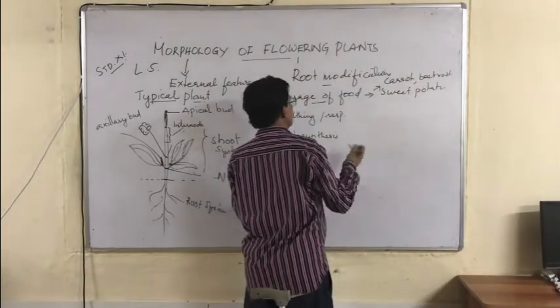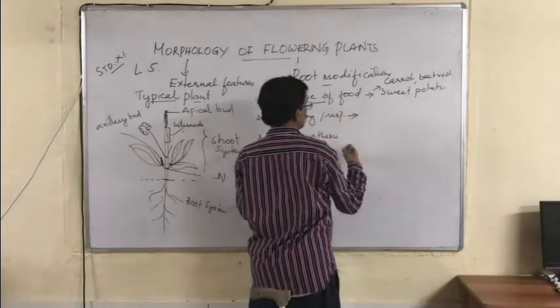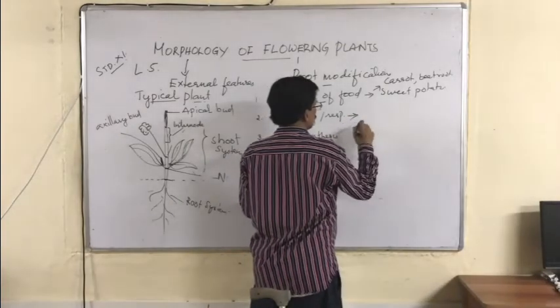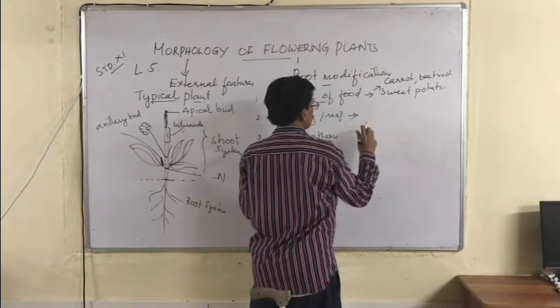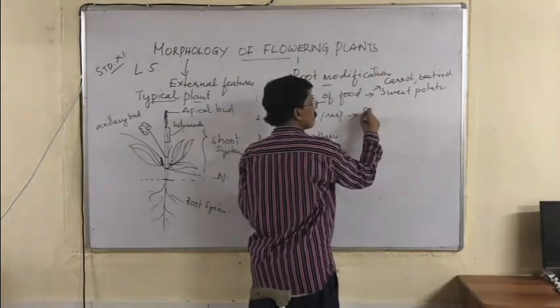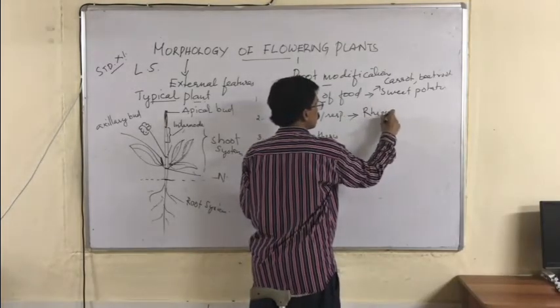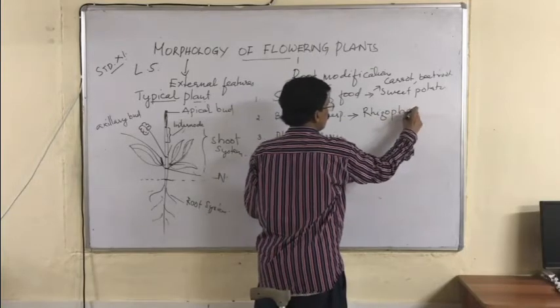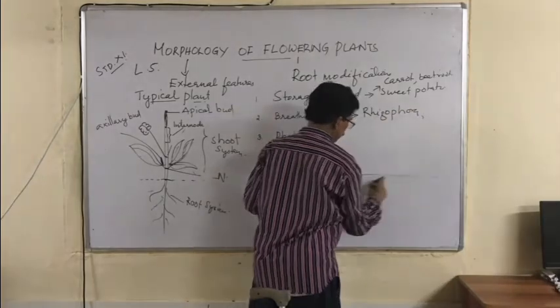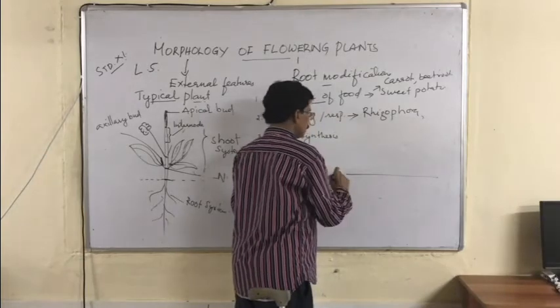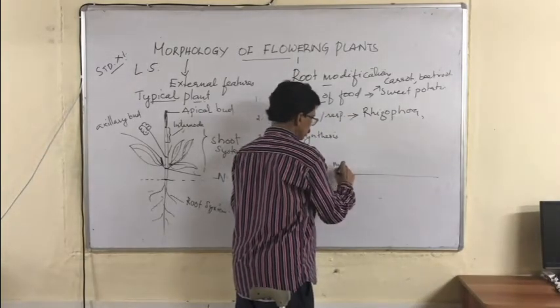Okay. Now, breathing roots in the case of mangrove plants like Rhizophora. Rhizophora are plants which grow in marshy soil.